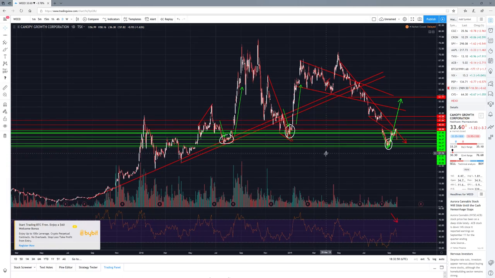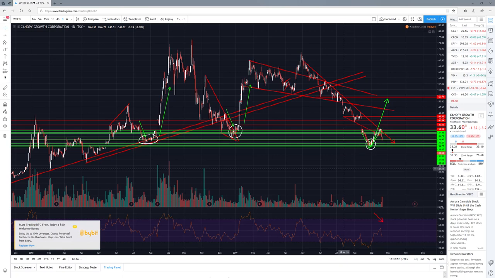So you know me, I like falling knives. I like to buy when it's extremely oversold. Thankfully, I never got caught in any of these candles here. Never took any trades on Canopy.